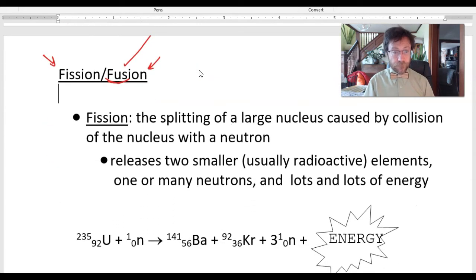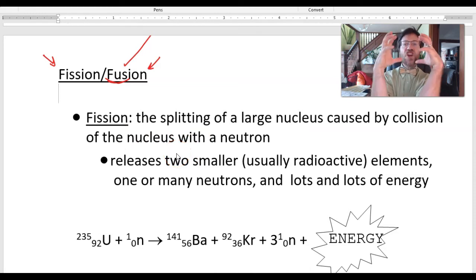Fission is what we typically use, because we can control fission here on Earth. We can make it do what we want. So fission is splitting, like a fissure: the splitting of a large nucleus caused by the collision with a neutron. Basically, we take a big fat nucleus, one that's just barely holding on.